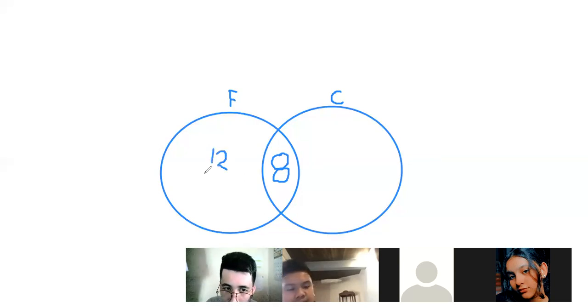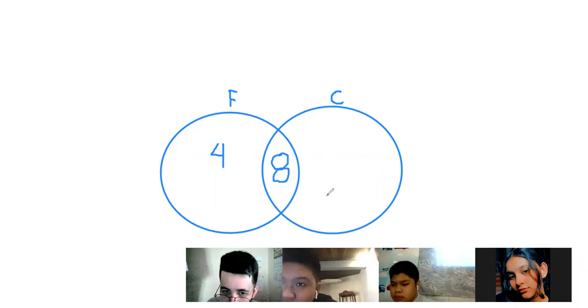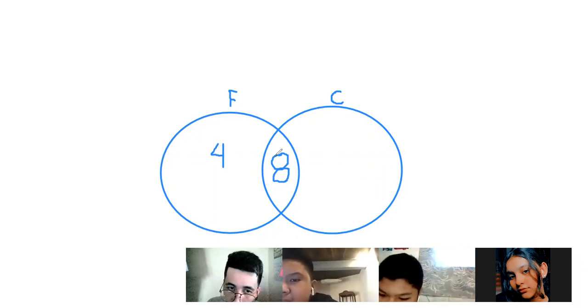So, hindi 12 ang isusulat natin dito, kasi may 8 na tayo dito. Ilang number na lang ang isusulat natin para mabuo ang 12? We're going to write 4. Kasi 8 students ang both taking French and Chinese language, then 4 students, so 12 students were taking French language.